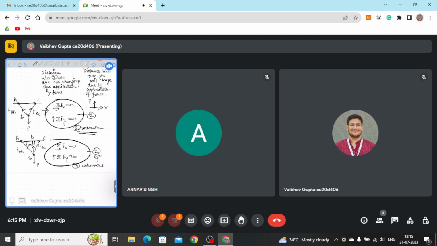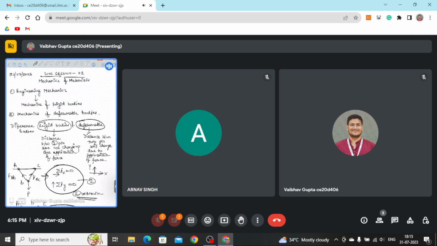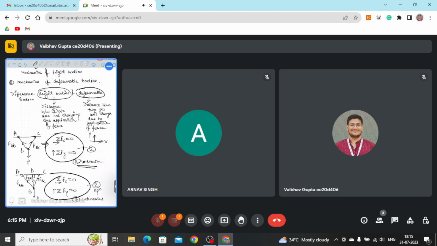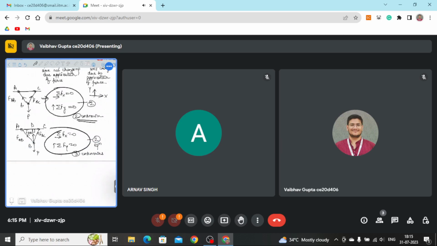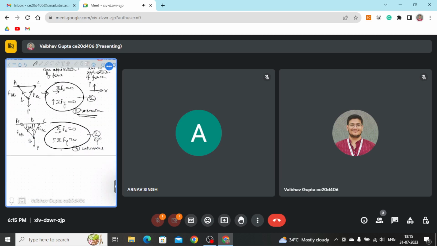So you cannot solve three unknowns with the help of two equations. You require one more equation. That's where we have to assume the body to be a deformable body. So there comes the picture of deformable bodies. Hence, we are studying mechanics of materials. I hope you have understood this point. If you have any doubt, you can ask now or at the end of the lecture.